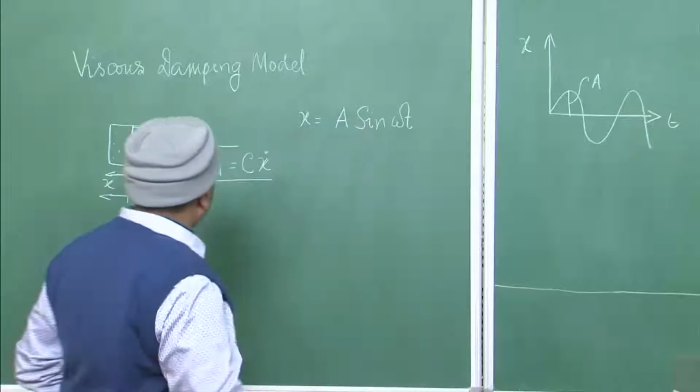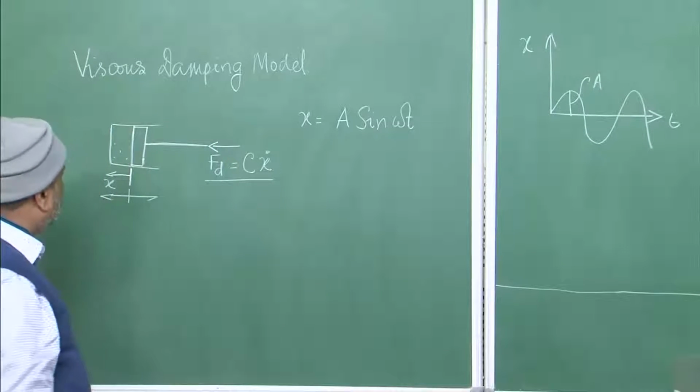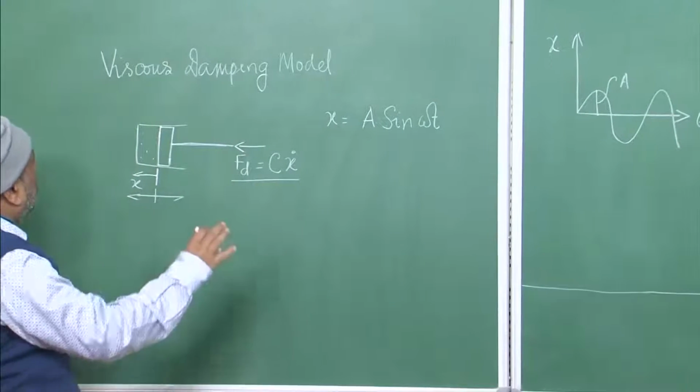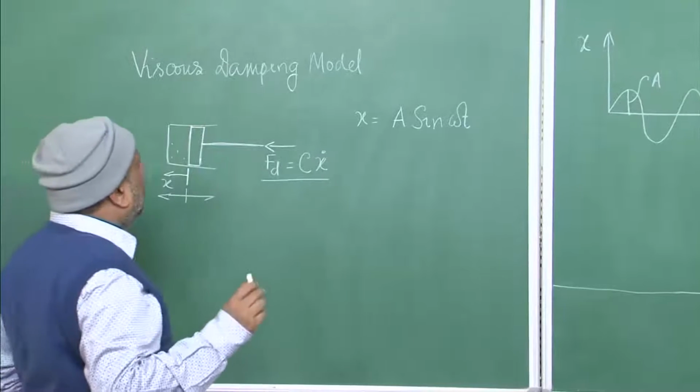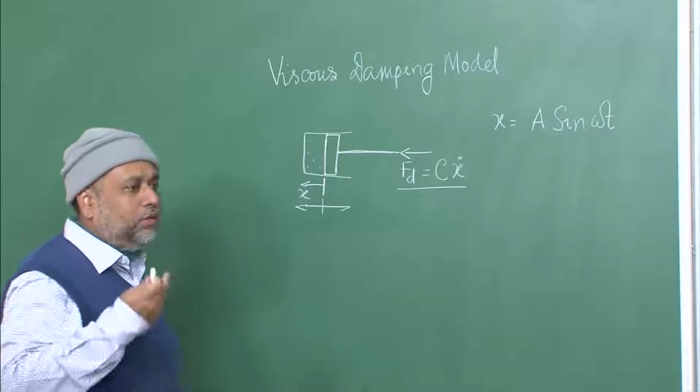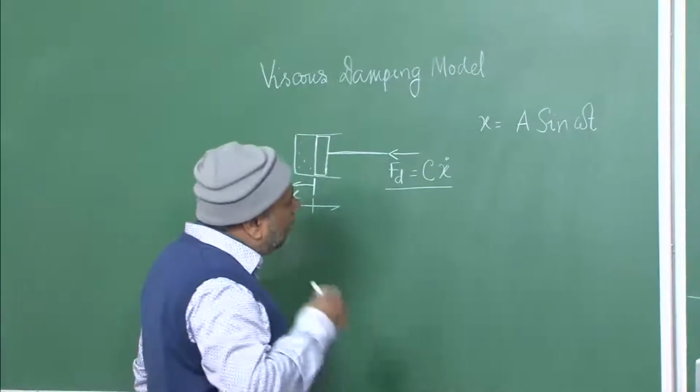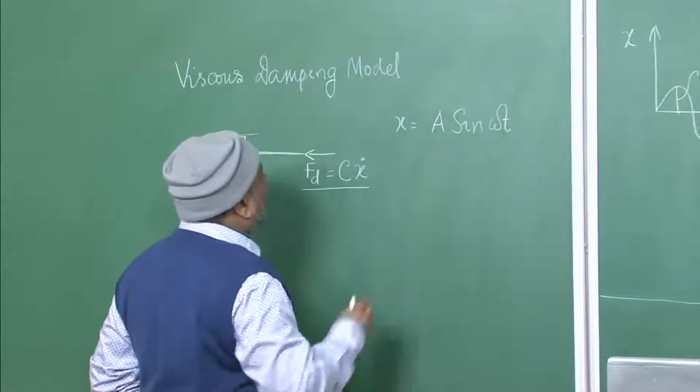Now, that is my displacement, the periodic displacement that I am giving to the piston, and I am trying to find out what is the viscous energy dissipation per cycle.